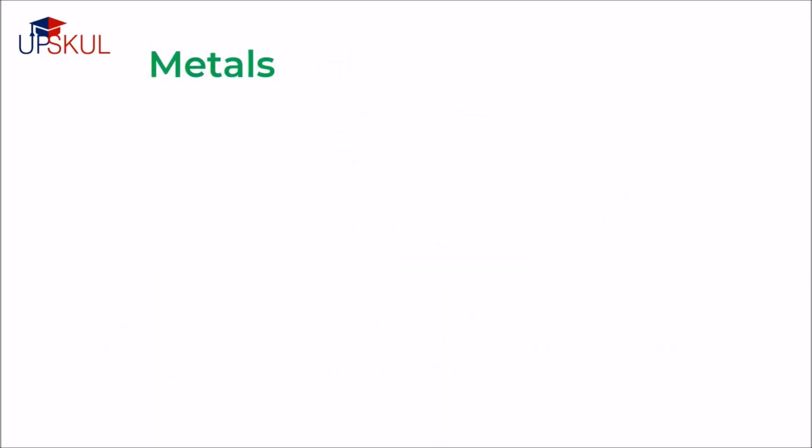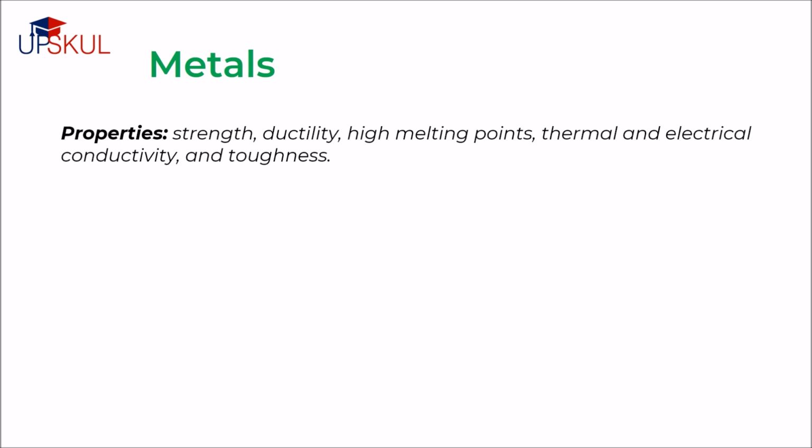Metals are elements in the periodic table that display properties such as strength, ductility, high melting points, thermal and electrical conductivity, and toughness. In industrial applications, they can be categorized as ferrous and non-ferrous metals.